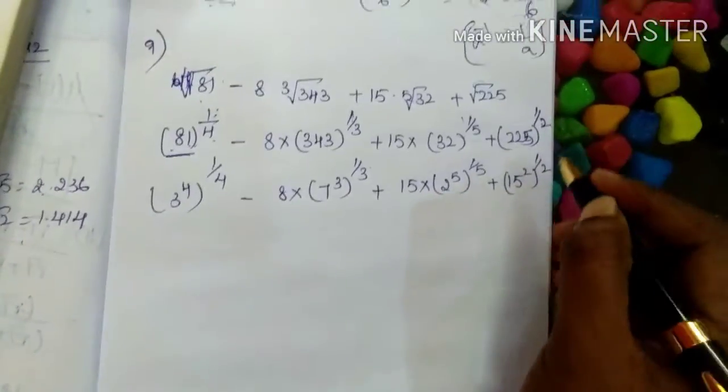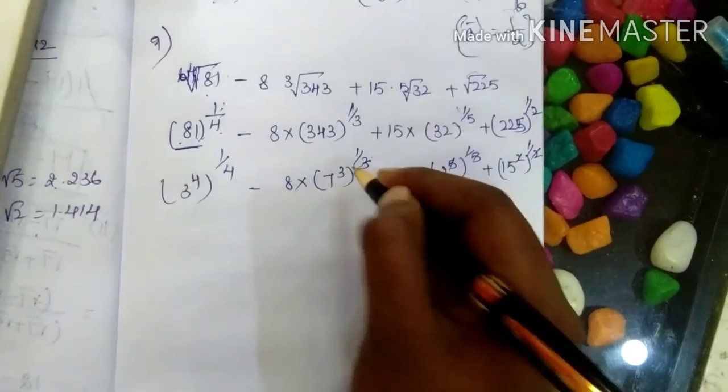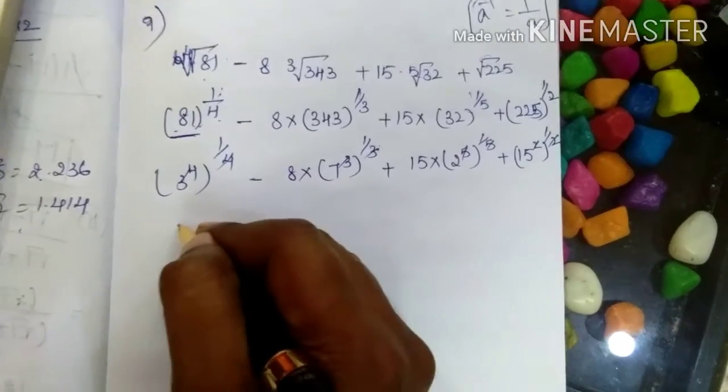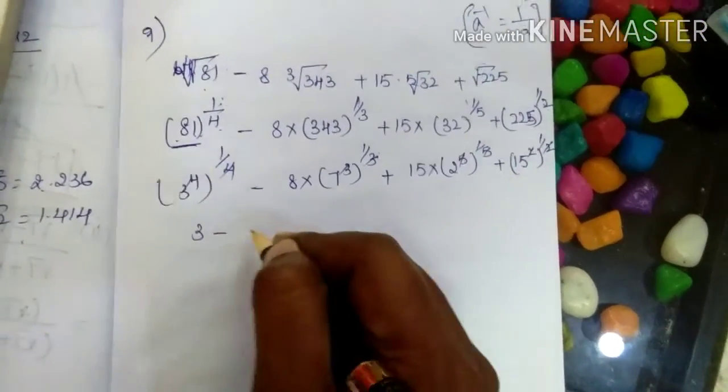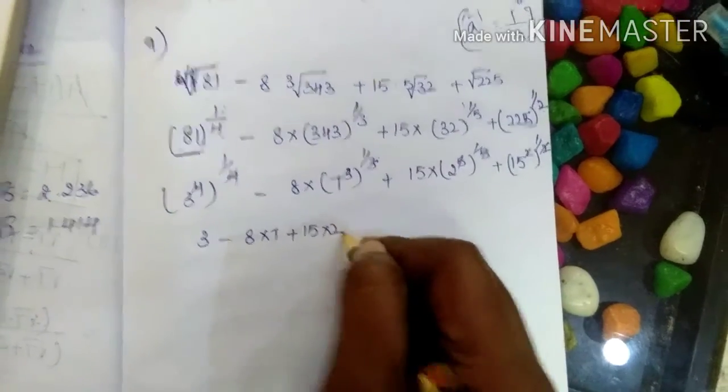From here the 2 will cancel, 5 will cancel, 3 will cancel, 4 will cancel. Finally you are having 3 minus 8 into 7 plus 15 into 2 plus 15.